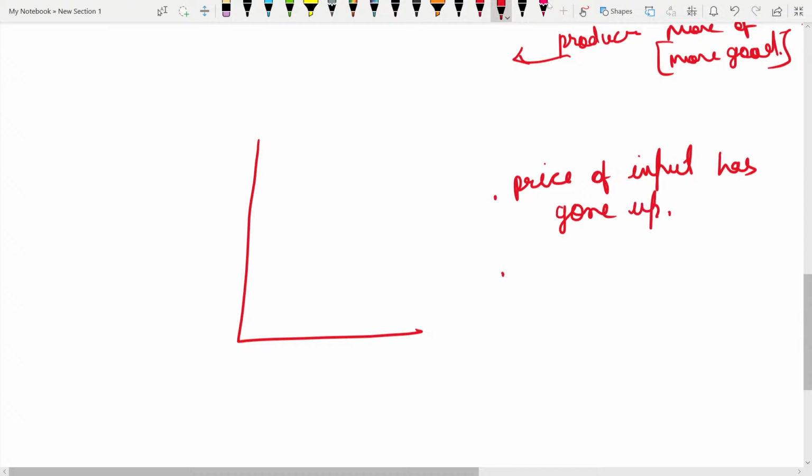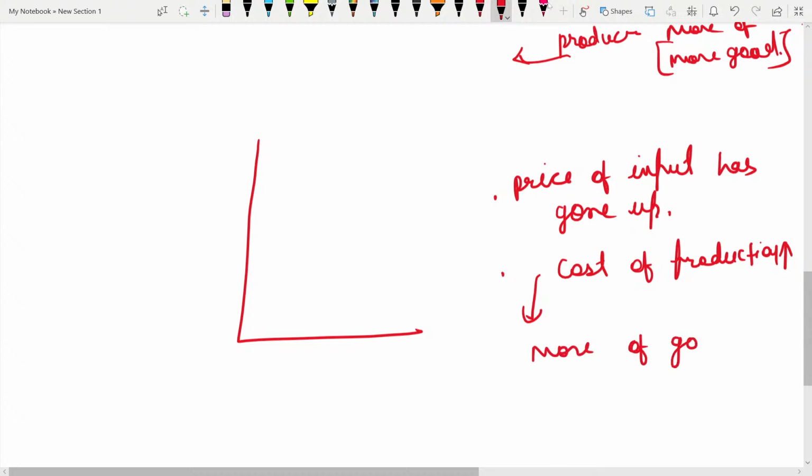This will lead to high cost of production. Because of the high cost of production, producers are not capable to produce more of the goods.